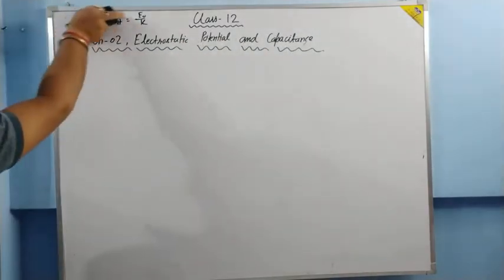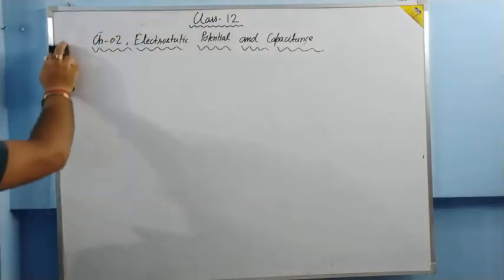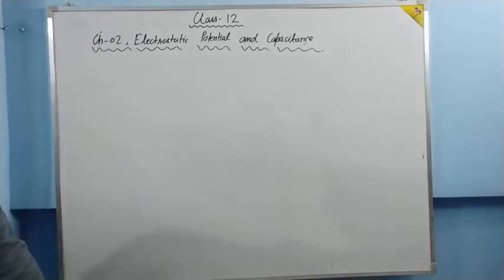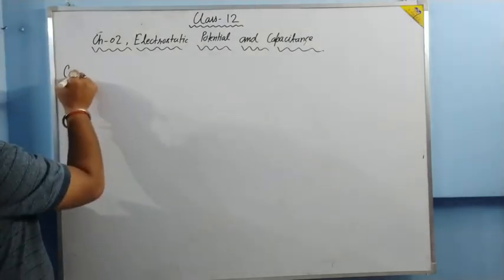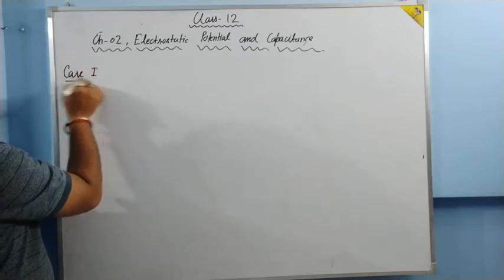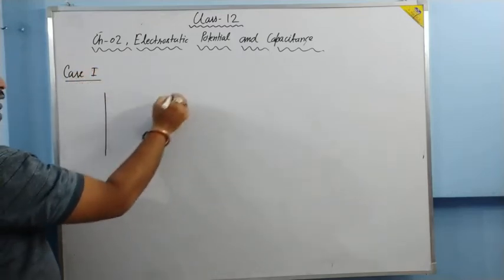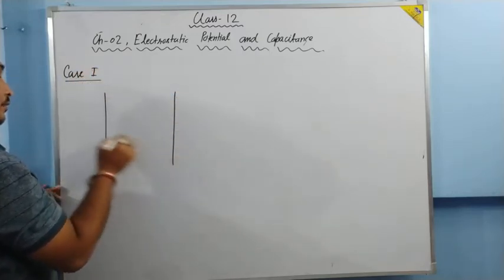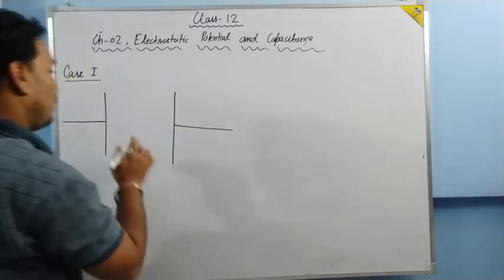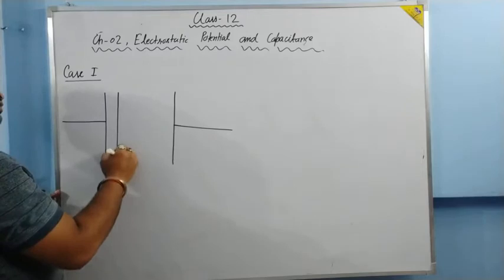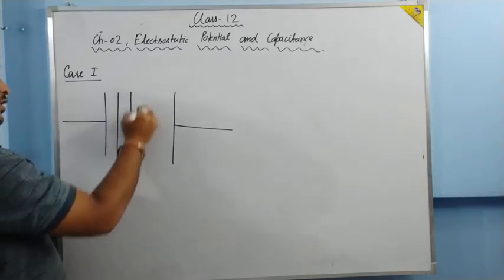Then after, we'll see how much time is left for the numericals. The first thing, case 1: if a capacitor is filled with dielectric slabs, so many slabs like this.